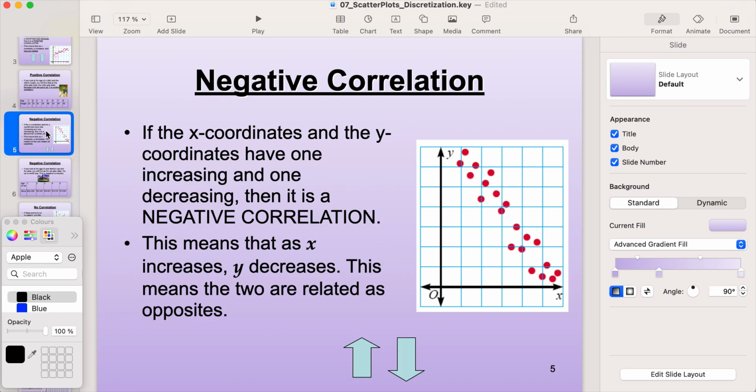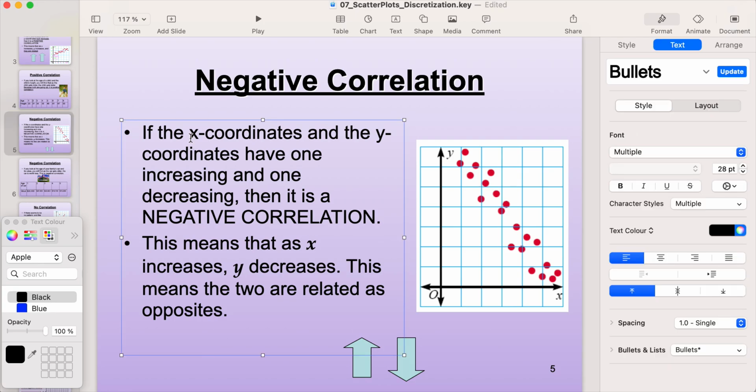The negative correlation will be the other way around. If one of the x-coordinates and y-coordinates is increasing and the other one is decreasing, then we have a negative correlation.